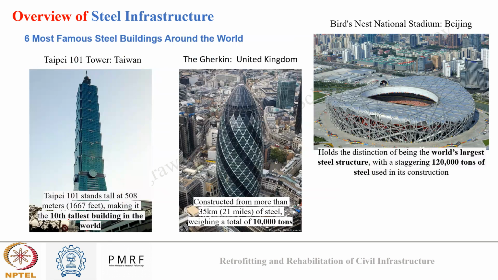Now, just to emphasize the importance of steel, let's see some examples of famous steel structures around the globe to understand how versatile the application of steel can be in infrastructure projects. So, in the first image, you can see the Taipei 101 tower in Taiwan.